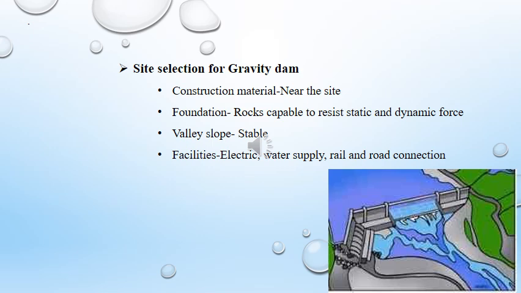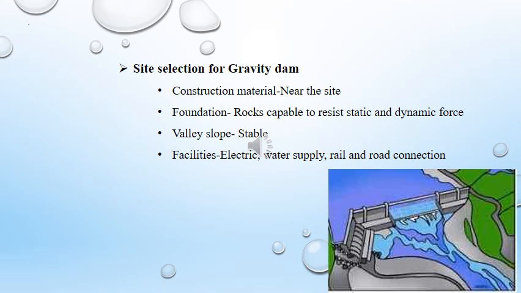Site selection for a gravity dam: the site should satisfy the following requirements. Good construction material should be available in sufficient quantity near the construction site, and the foundation rocks should be sound and strong, capable of resisting static and dynamic forces, including earthquake force.